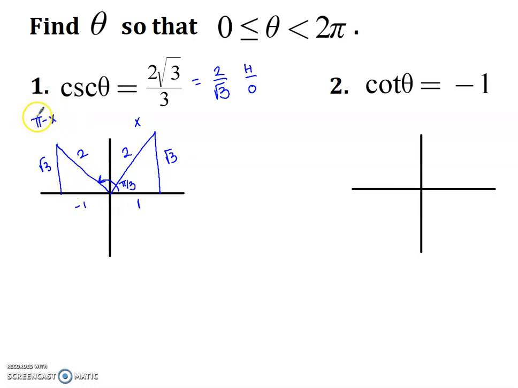We're going to subtract our reference angle from pi because we have not quite gotten to the x-axis yet. So these two angle measures in quadrant 1, that's going to be pi over 3, and then in quadrant 2, this is going to be like 3 pi over 3 minus 1 pi over 3. So that'll be 2 pi over 3.